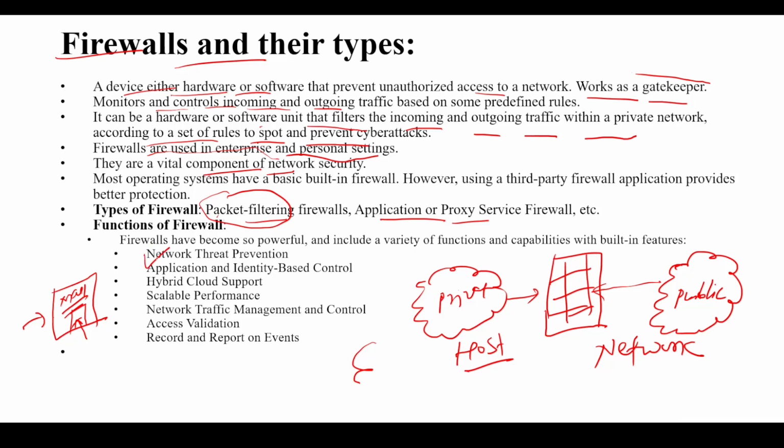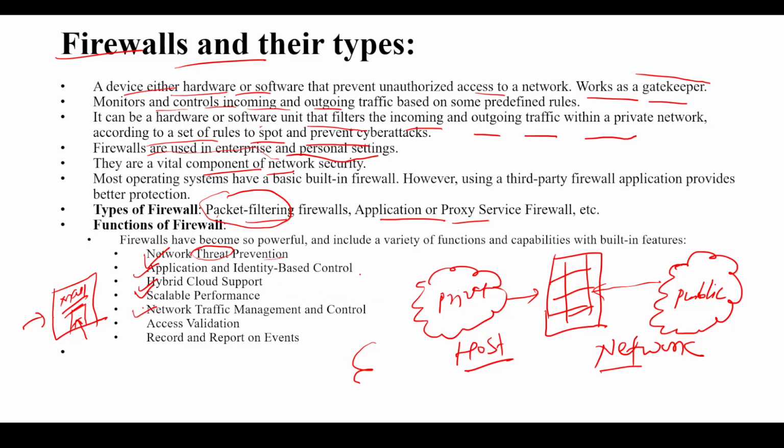First, network threat prevention: whatever cyber attacks or unauthorized activities there are can be prevented and controlled by the firewall. Application and identity based control. Then hybrid cloud support: in cloud security as well, firewalls can be installed. Then scalable performance, and network traffic management and control.